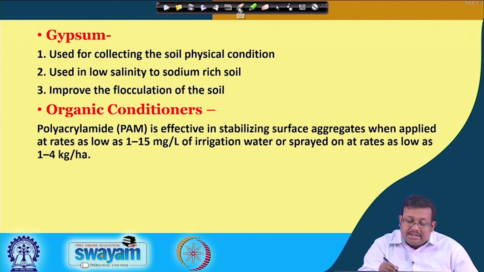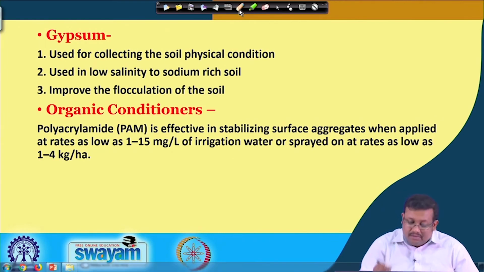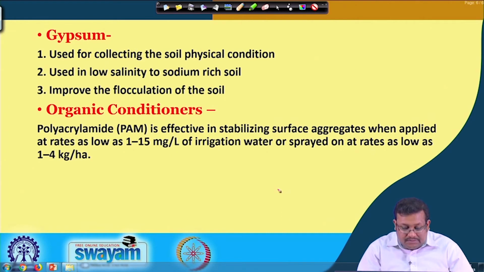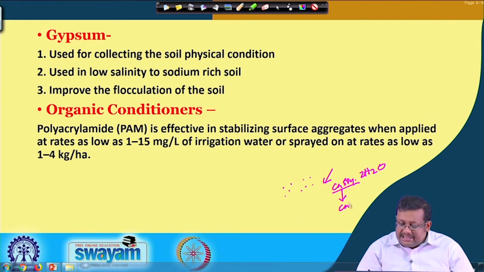What do you mean by flocculation? So if there are individual soil particles or individual clay particles, by adding the gypsum, we are basically adding calcium sulphate to H2O, and this calcium sulphate will generate calcium cations.